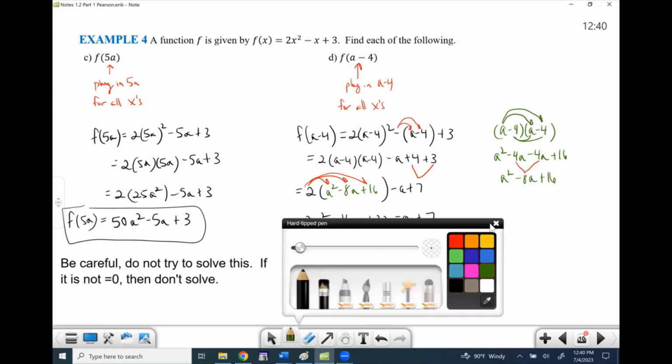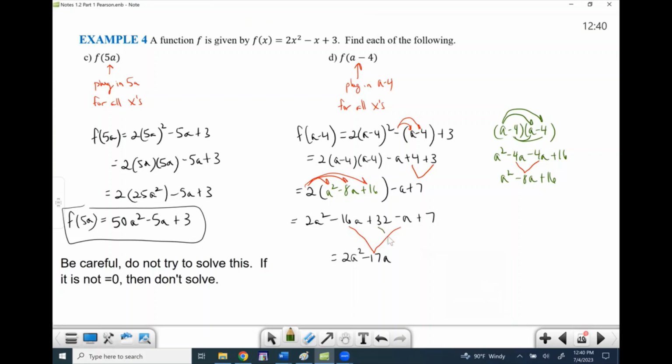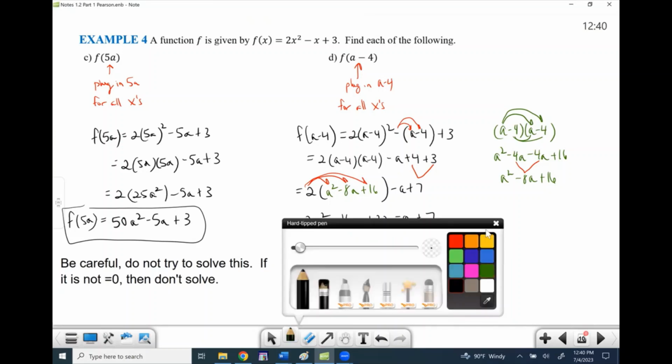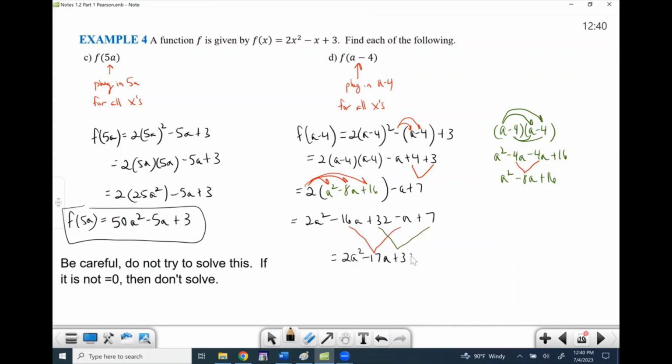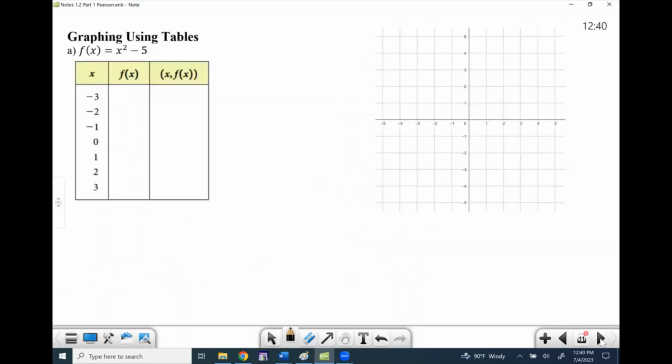And then we've got some constants here, like 32 plus 7, which is going to get us 39. And again, don't solve it. This is f of a minus 4, okay? Do not solve. This is actually a question on the final, I believe.